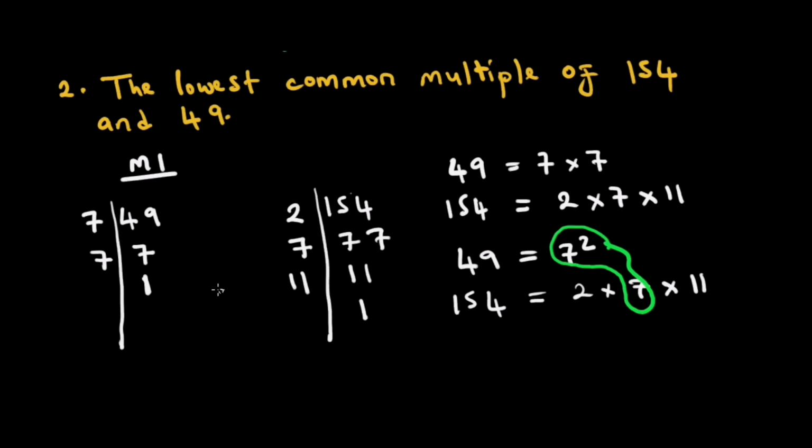So in this case, the lowest common multiple is going to be equal to, starting with 7: in 49 it is 7 squared, in 154 it is 7. We take the highest power for our 7, meaning we take 7 squared. Then because it is the lowest common multiple, we multiply by everything else outside, so times 2 times 11.